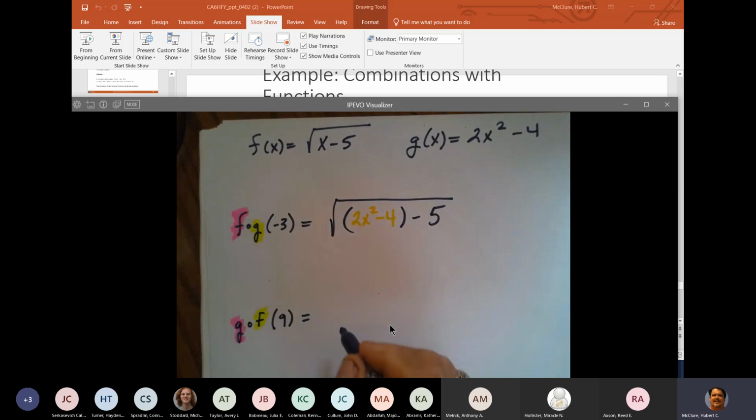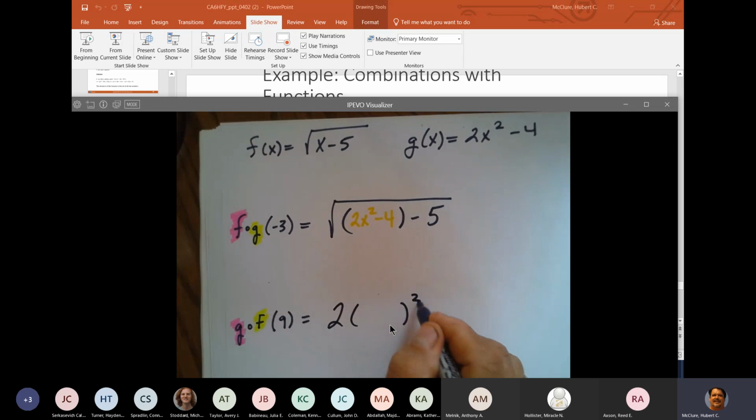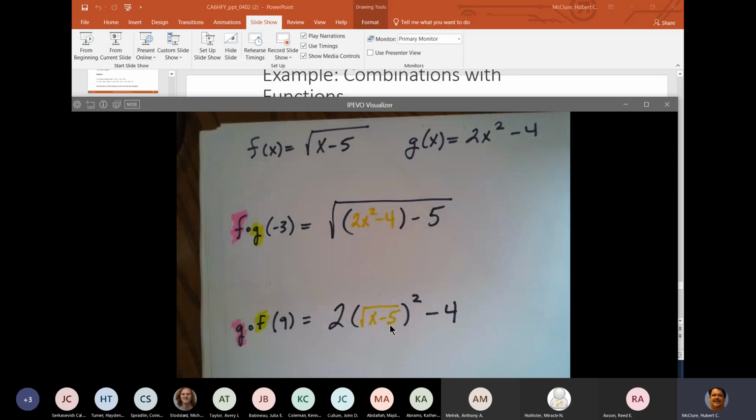And I'm going to rewrite 2 with a big set of parentheses, minus 4, and plug in the square root of x minus 5. Now simplify those, and then plug in a -3 and simplify this, plug in a 9. So I'm going to give y'all a minute to work on that.